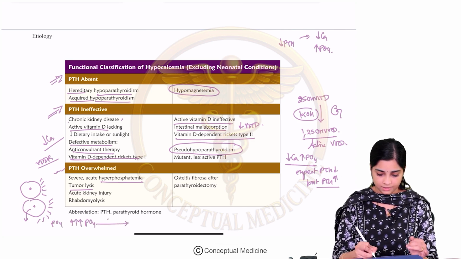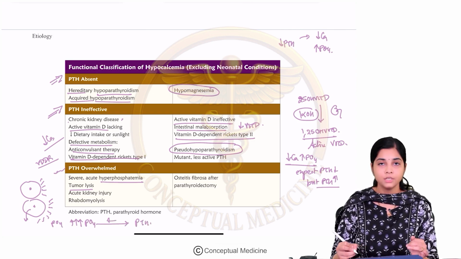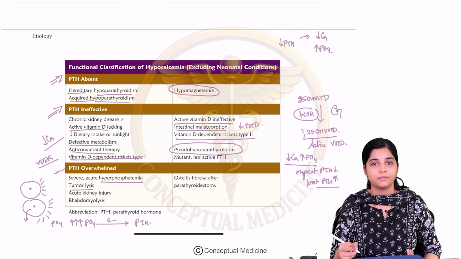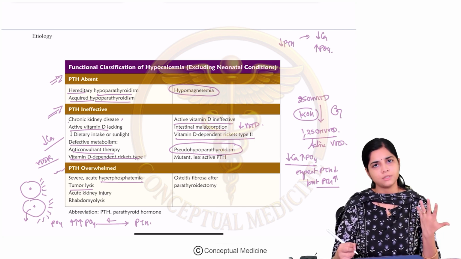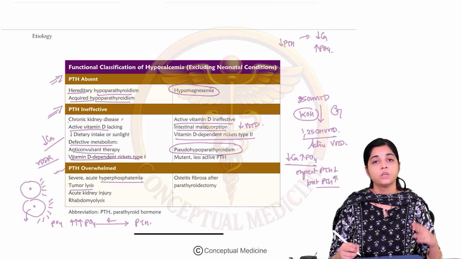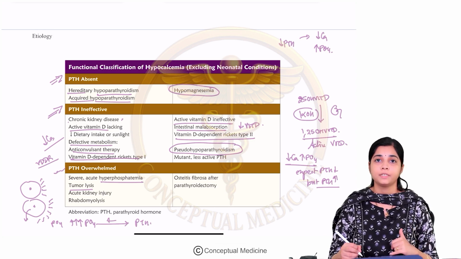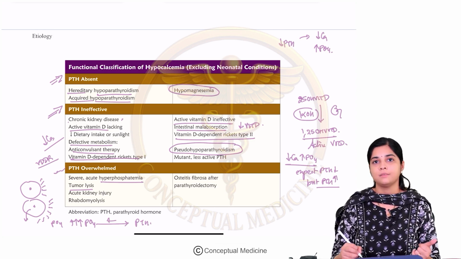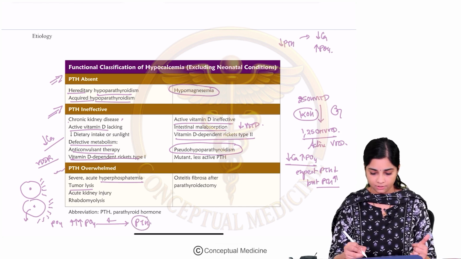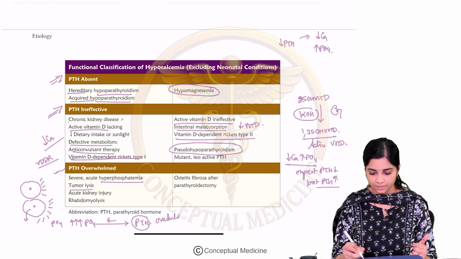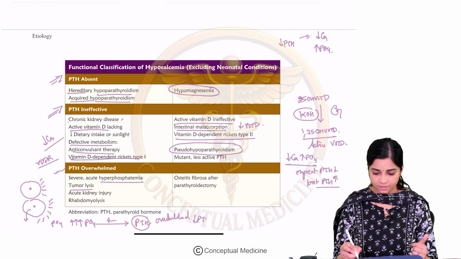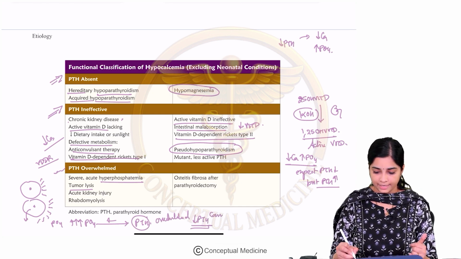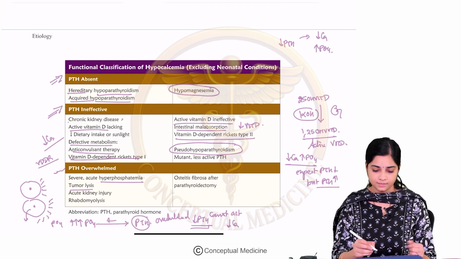This increased phosphorus stimulates your parathyroid hormone to cause excretion, because that is a normal function of parathyroid hormone. But the parathyroid hormone becomes overwhelmed and cannot act further, and there will be hypocalcemia as a result. It cannot act any further and it causes hypocalcemia in tumor lysis syndrome.